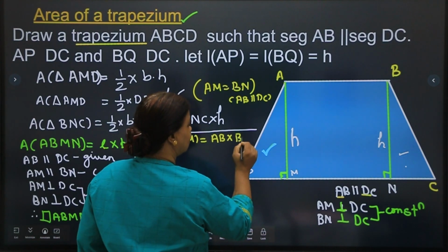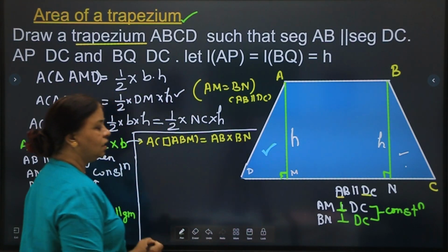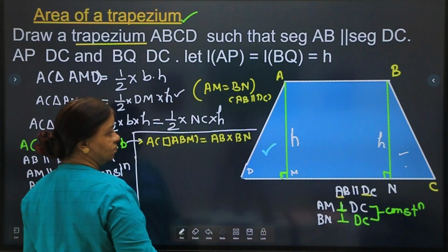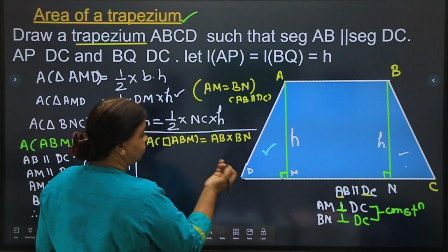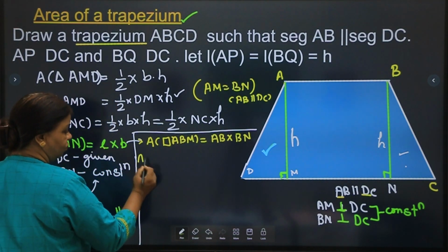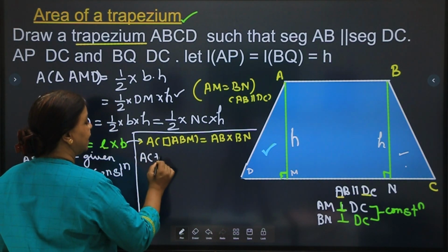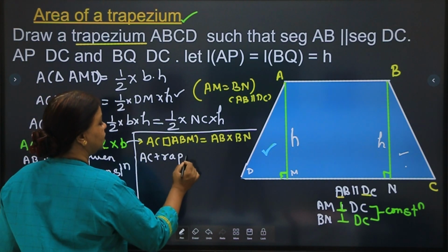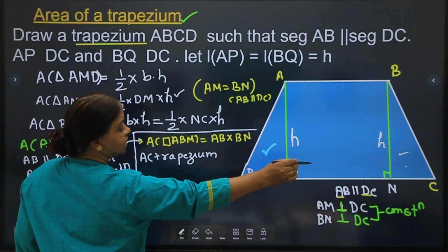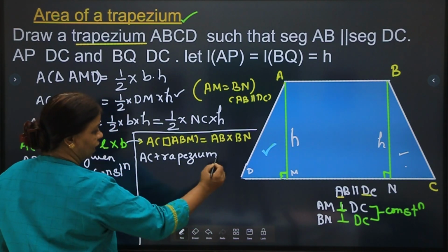BN. Clear? Now if I want to find out the area of this figure, the trapezium, what will I do? I'll write area of trapezium. Now which trapezium? ABCD.